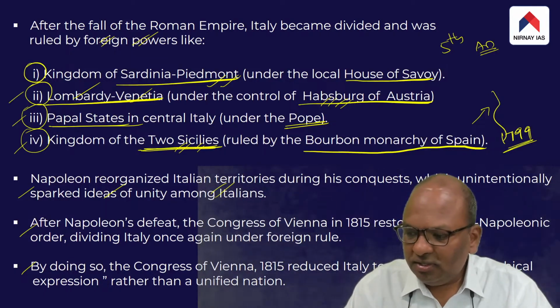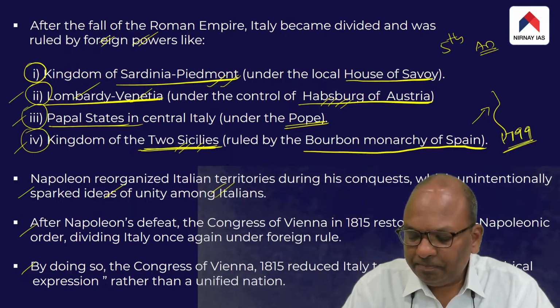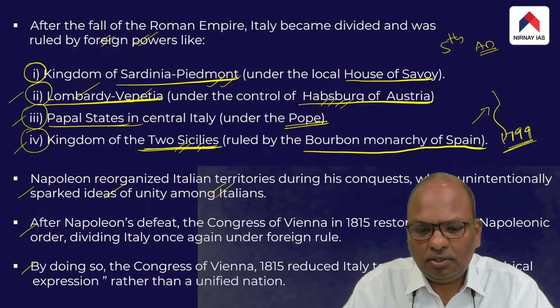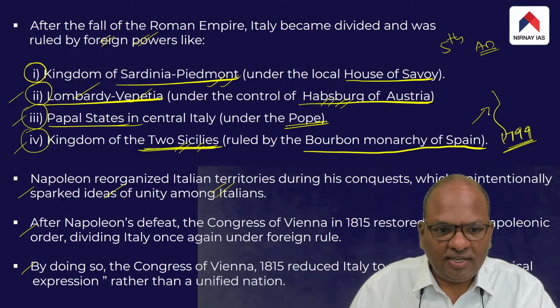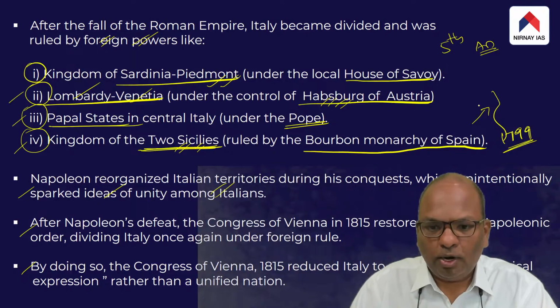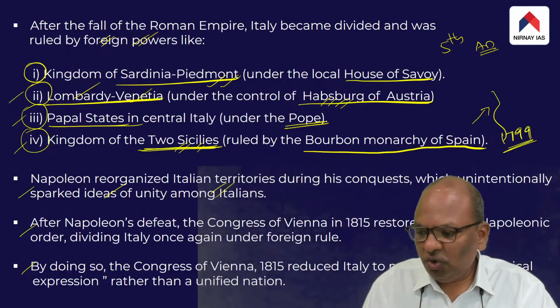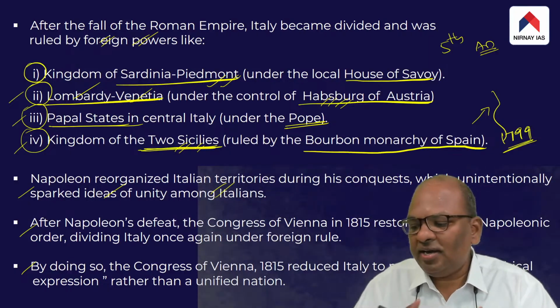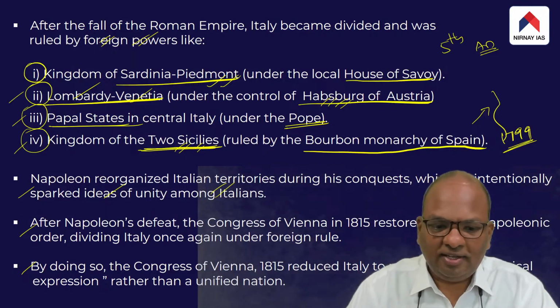So the credit for arousing national sentiment among the Italians, to a certain extent, goes to Napoleon, because he defeated the foreign dynasties who were ruling over Italy and united all of these Italian speaking territories under his control. But by doing so, he unintentionally sparked the ideas of unity among the Italians.